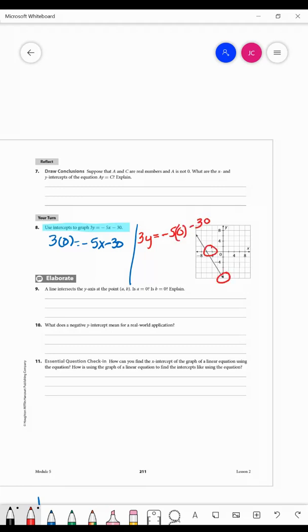Your answers are already on the graph. So go ahead and tell me what is your x-intercept and what is your y-intercept. So our x-intercept is -6, and our y-intercept is -10. Okay? All right.